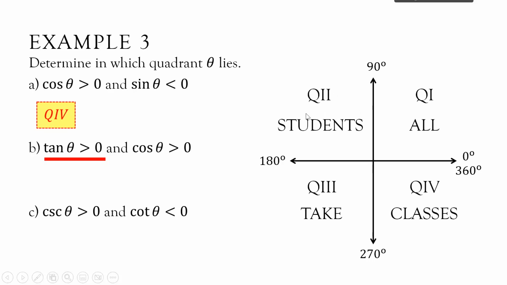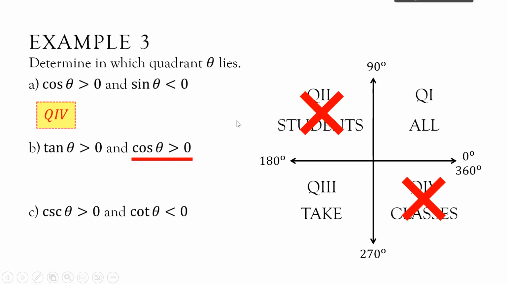Quadrant 2, tangent would be negative, so I can't be in this top left quadrant. And quadrant 3, tangent is positive, that's fine. And then quadrant 4, tangent is negative here, which we don't want. So from just looking at this first trig function, I can eliminate 2 quadrants. That's typically what's going to happen.